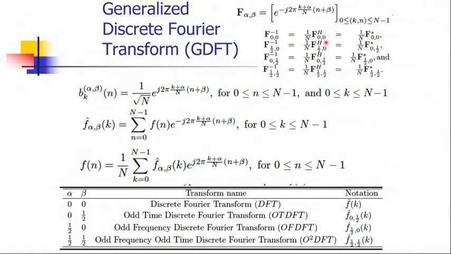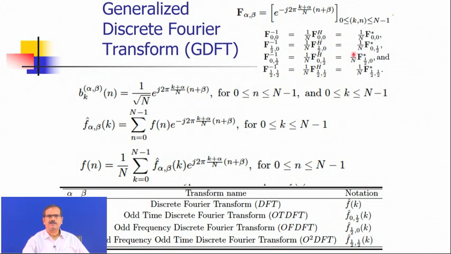Let us stop here at this point, and we can start from here in the next lecture, where we will see that though it is not possible in the continuous domain to have cosine and sine transforms for every kind of function, in the discrete domain for any finite dimensional sequence you can define cosine transforms and sine transforms. For that we will be using this generalized discrete Fourier transform.